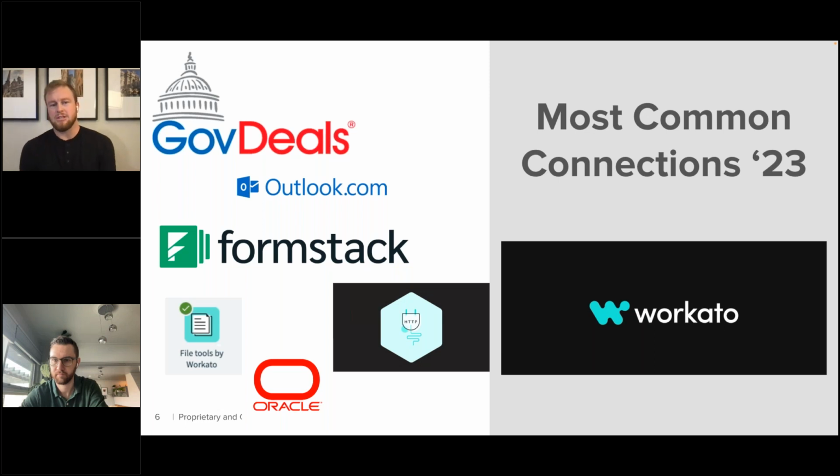And our implementation team forced me to include this files tool by Workato. Workato actually has a lot of their own connectors that they are putting into their ecosystem to fill in gaps, or certain customizations that they've seen people write through the HTTP connectors that are shown off to the right here.